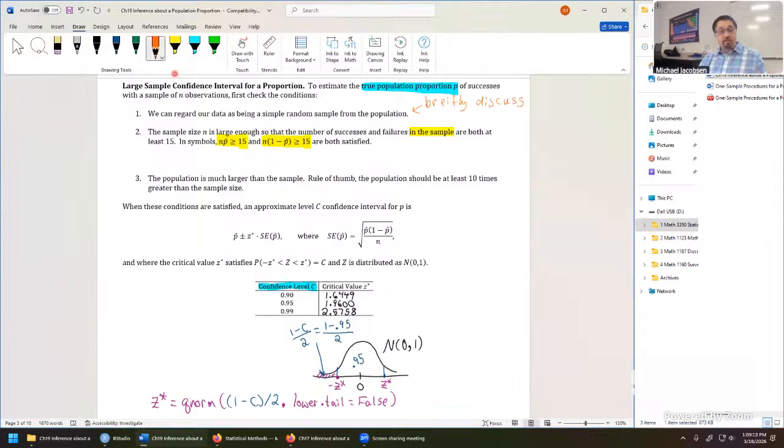And just for extra description, this is the number of successes in the sample. And likewise, the second one, because we have the complement rule, 1 minus p hat, this is the number of failures in the sample.